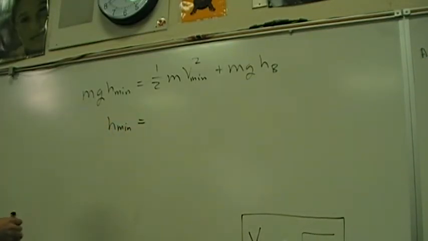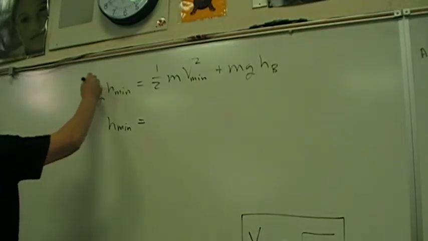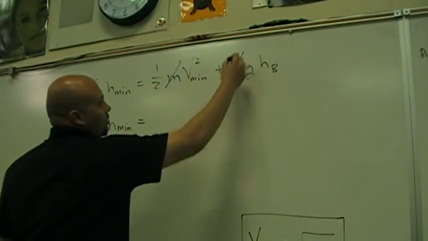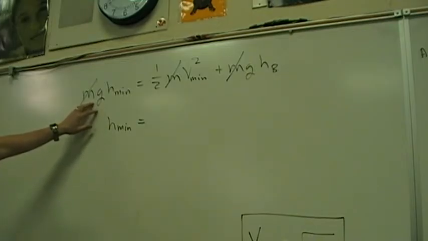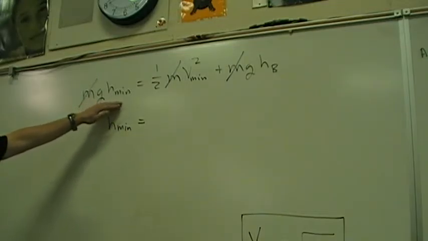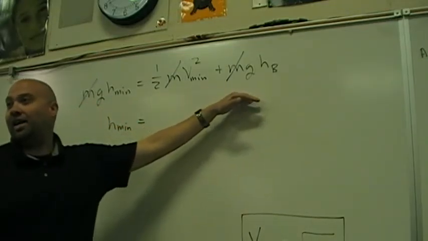So notice here again, as it always happens, that the mass cancels out. Okay? Equal opportunity roller coaster. So if we substitute first, we get the gravity to cancel out too. So let's get the G away from H min, so we're going to divide through by G as well.